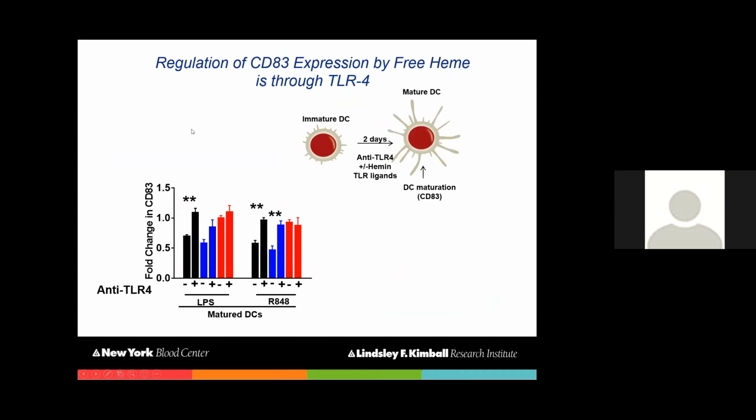We used anti-TLR4, and the data says that if you block TLR4, then with heme you do not get down-regulation of CD83. Of course this is in healthy donors, non-alloimmunized; alloimmunized don't care whether anti-TLR4 is there or not. So this regulation of CD83 in response to heme is occurring through TLR4.